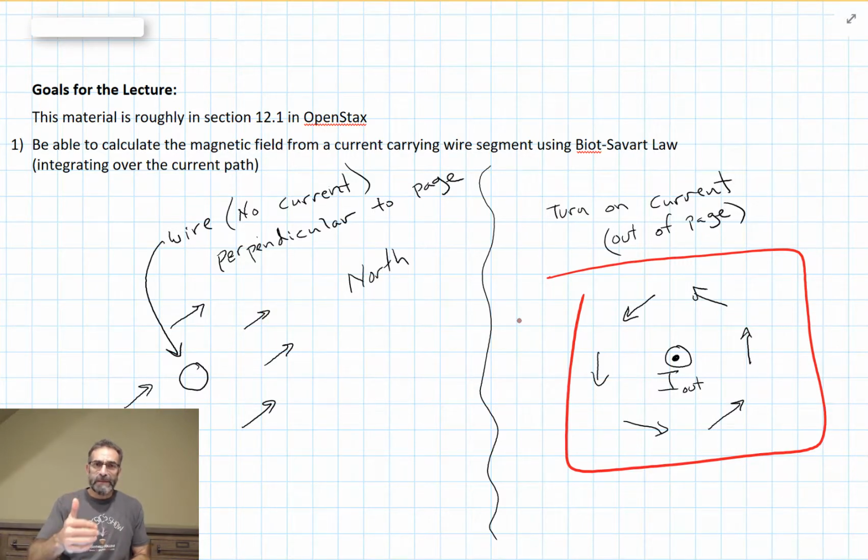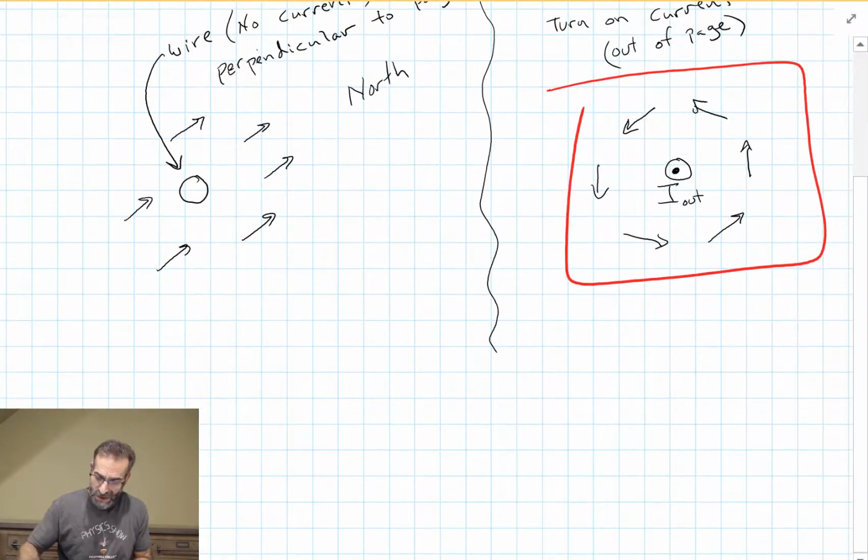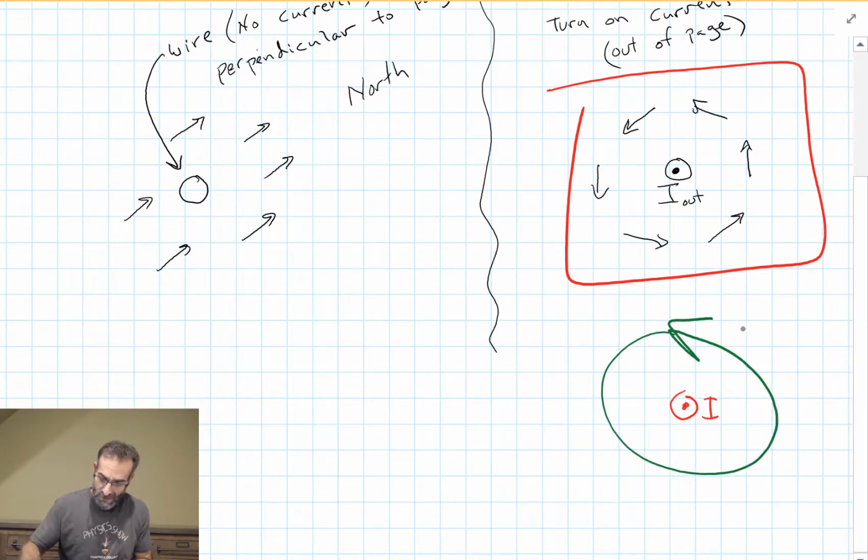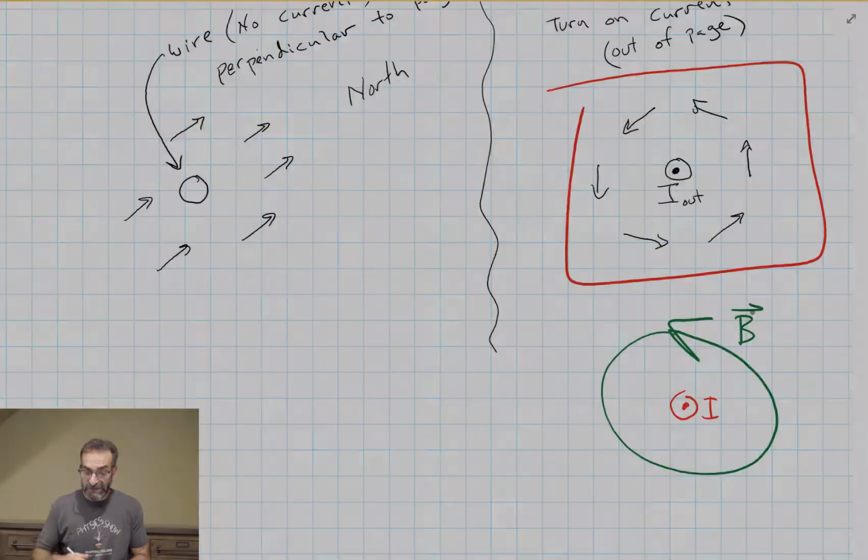Well, my right thumb in the direction of the current, my fingers roll around the wire in the direction of the magnetic field, and so I can see when I have a current coming out of the page, my magnetic field goes around the wire in the counterclockwise orientation when viewed from this angle.